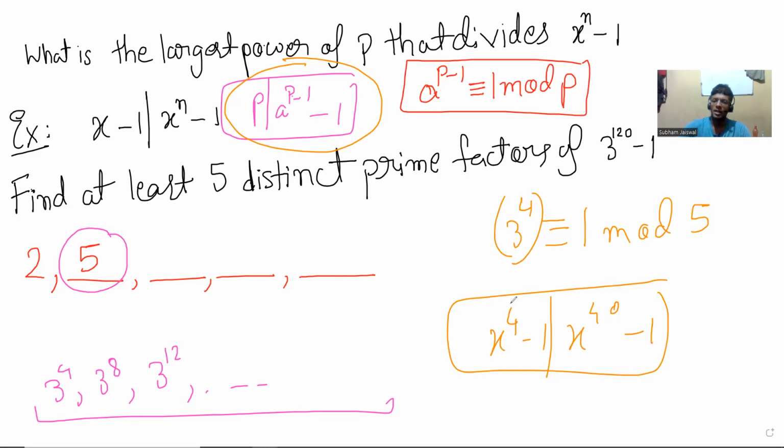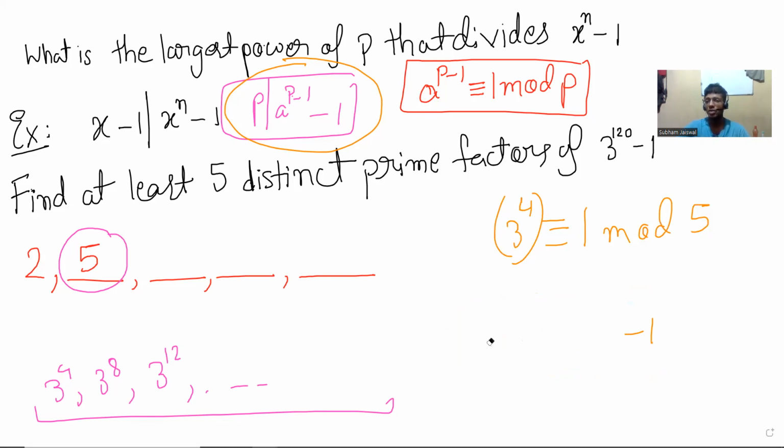All fine. But what I'm trying to say is that it becomes a natural operation if you use the language of congruences. What is that natural operation? That you can raise both sides to the same power, right? So 3 to the 4 is 1 mod 5, and this becomes 3 to the 120, and this remains 1.